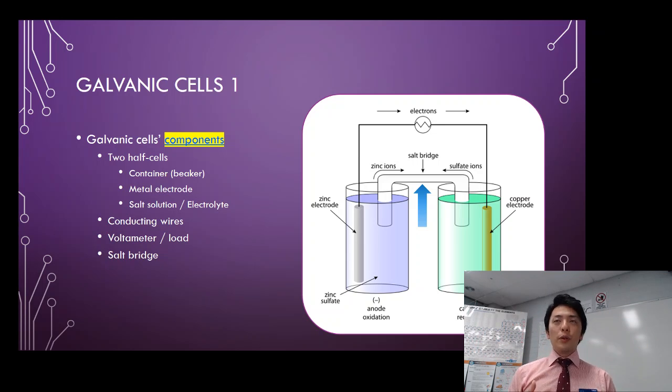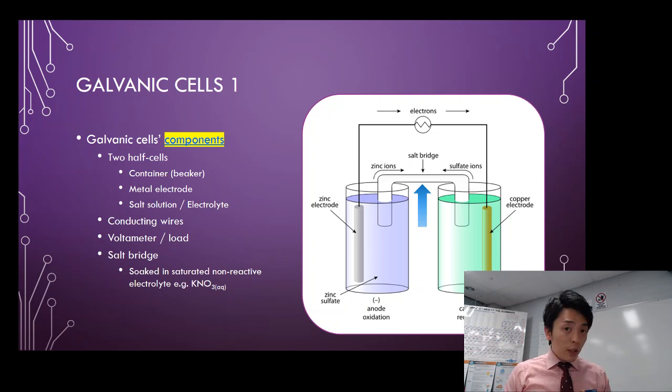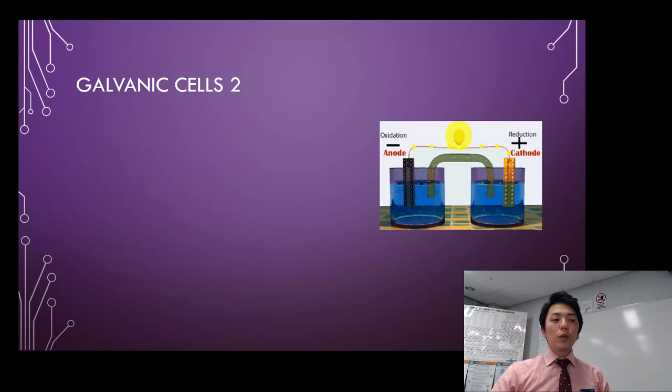So it's a bridge made with salt solution. Usually you can just grab a piece of filter paper and soak that in a non-reactive electrolyte. You might be using potassium nitrate because that's known to be non-reactive. That doesn't add anything to the redox reaction that can occur in the solution.